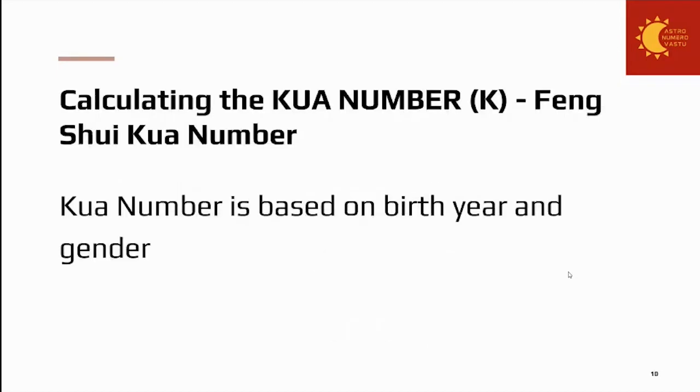Today we are going to learn how we calculate the KUA number. In the last video, we provided you a brief introduction of numerology and how we can say that numerology is a science. We learned the significance of the date of birth of an individual, which determines the planets acting on the personality of that individual.